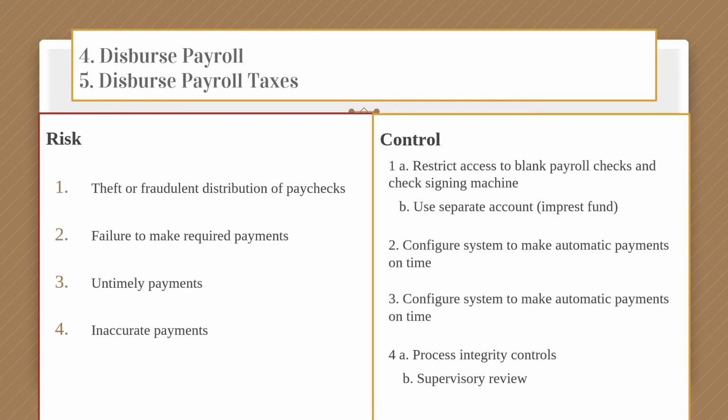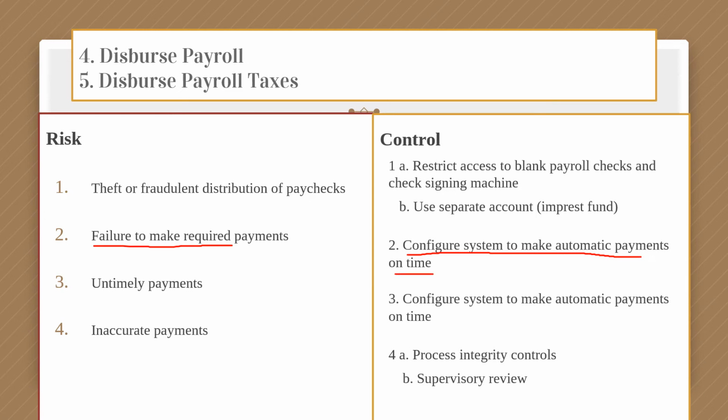In the activities for disbursing payroll and disbursing payroll taxes, the risks are theft or fraudulent distribution of paychecks, failure to make required payments, and lack of timely and accurate payment. The controls are on the right side. Let's take one example: number 2, failure to make required payments. The control is to configure the system to make automated payments on time, and so on.